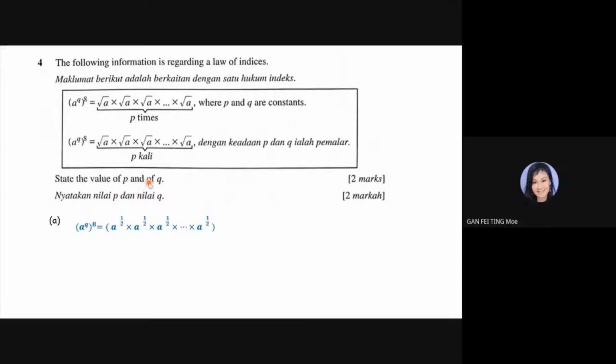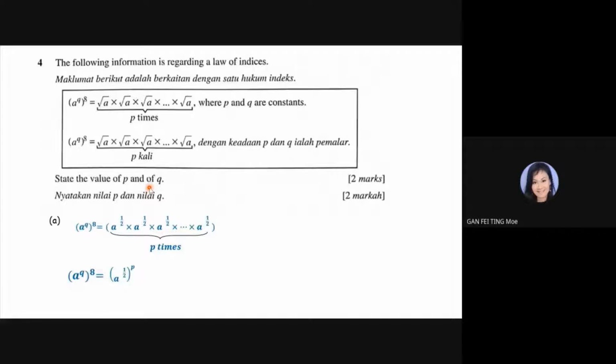They are the same. And it's repeated P times. I don't change anything. I only change this for the first line. So from this line, what can you write? P times. I can simplify this written form as this. So I see a to the power of 1 over 2 repeated P times. So can anyone tell me the answer of P and Q? I want to see who is the first one to get the answer.